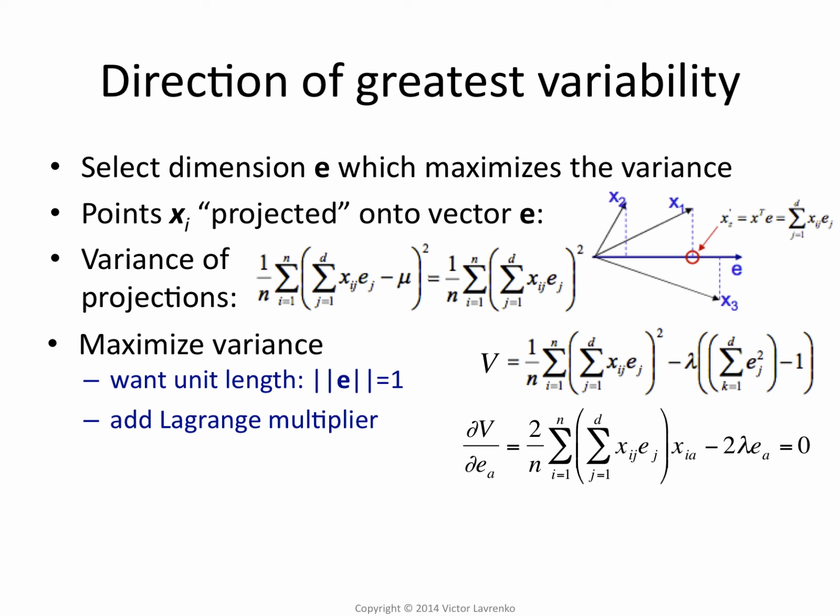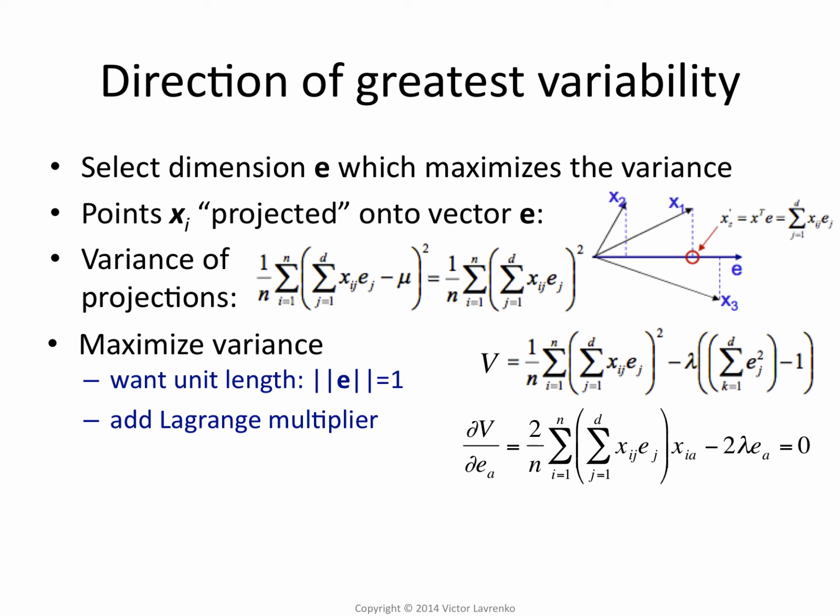So A is just one of the attributes, one of the elements in that vector. If my vector E happens to be the best vector, the one that gives me the highest variance, then that derivative has to be 0, by definition, because at the maximum or the minimum, the derivative must be 0.